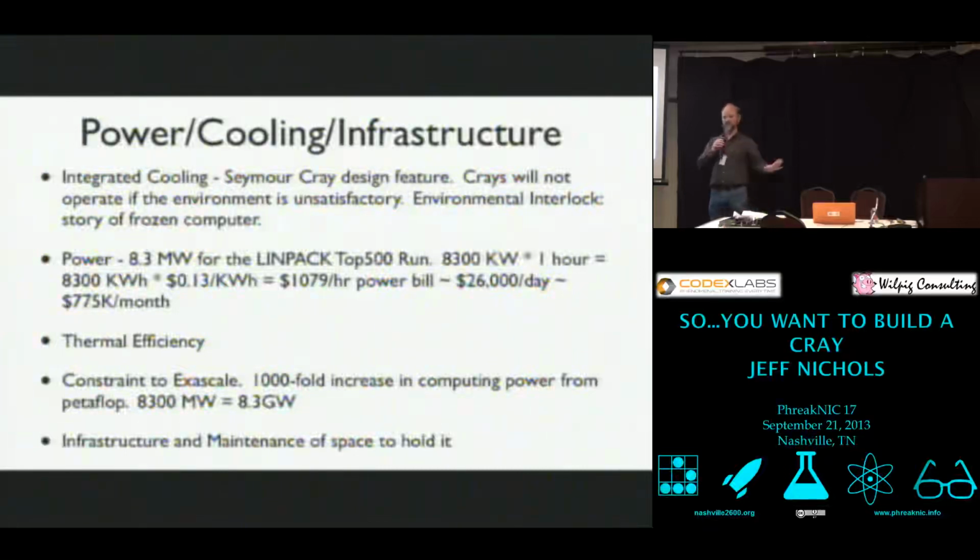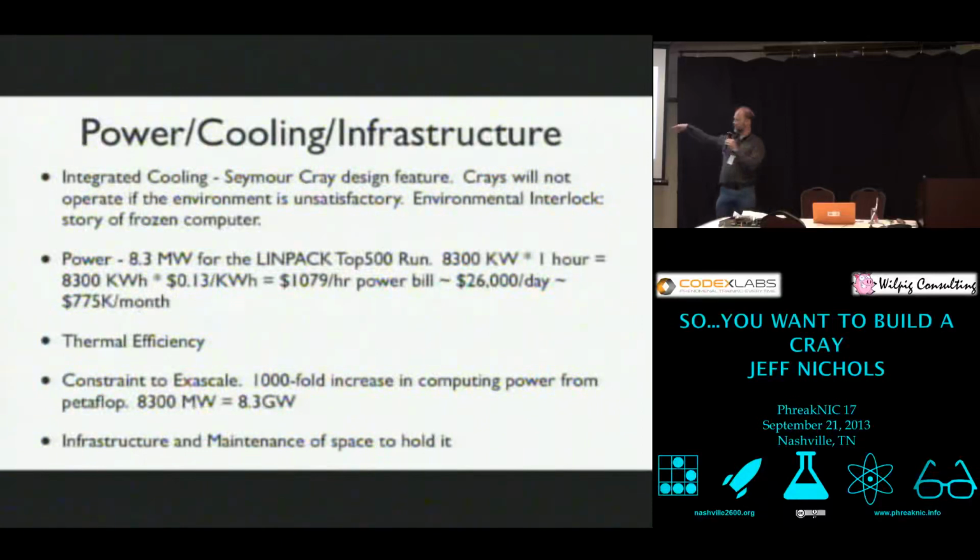They will not run if they lose air conditioning or whatever. Cray knew he needed to shut his computers down if he lost cooling, but he didn't have the interlock the other way. So there is a story of a frozen computer: they lost power, the computer stopped computing, but the cooling didn't. And so when they came in the next morning, they came into a frozen ice cube of a Cray.